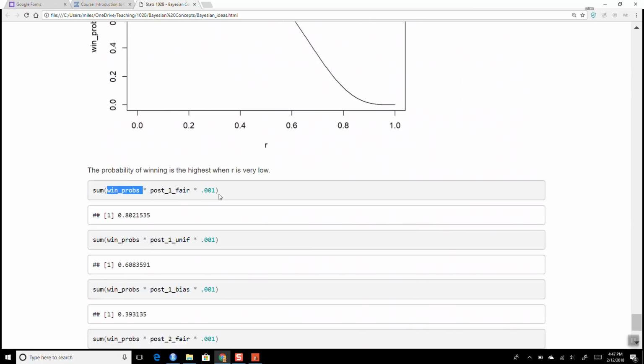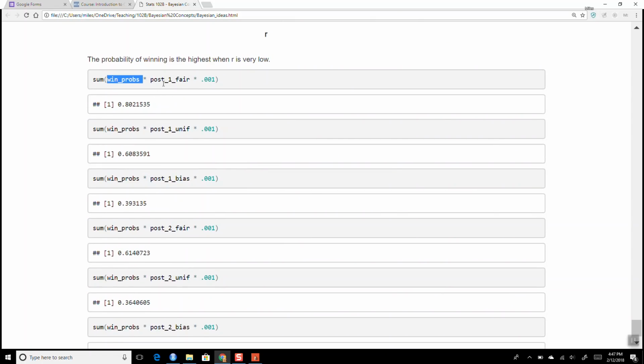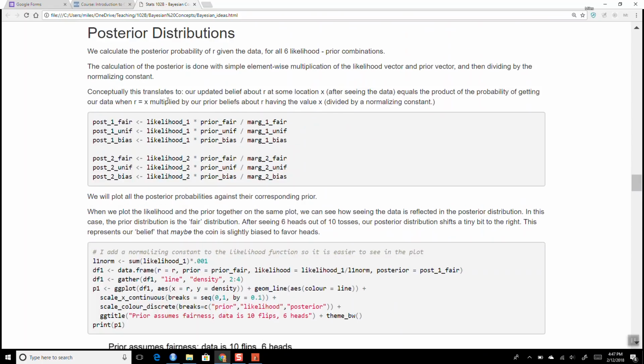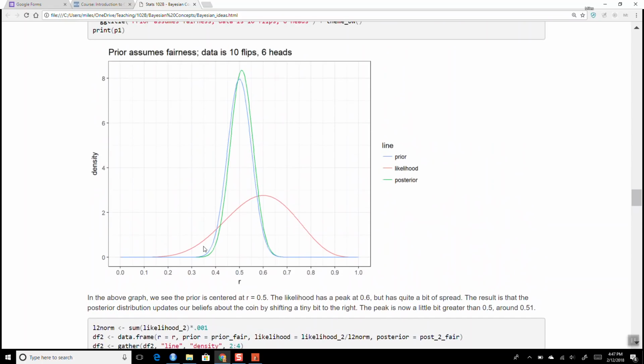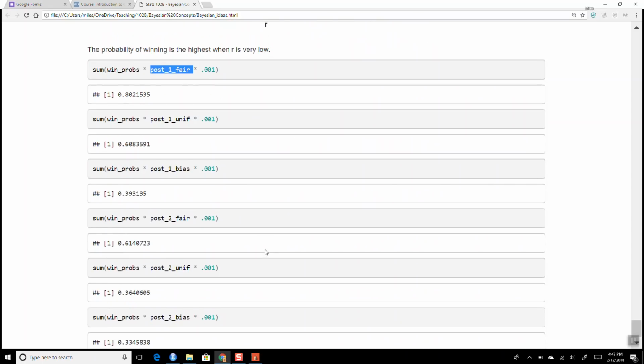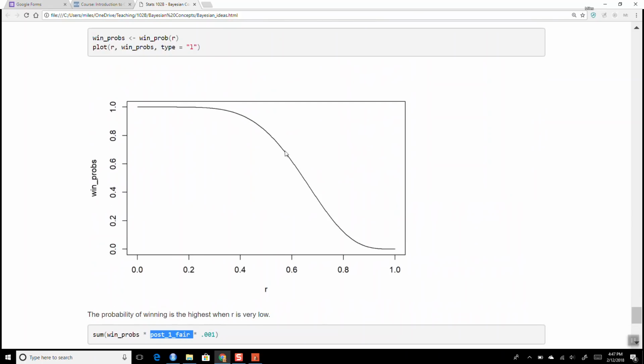If we look at the first scenario, where we assumed fairness, our posterior distribution on this graph goes from here to here. Basically we get values that aren't 0 starting around 0.4 and ending around 0.6-ish. So it's saying the values from 0.4 to 0.6 are the most likely ones.